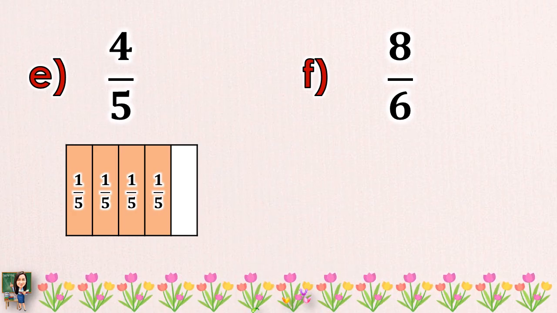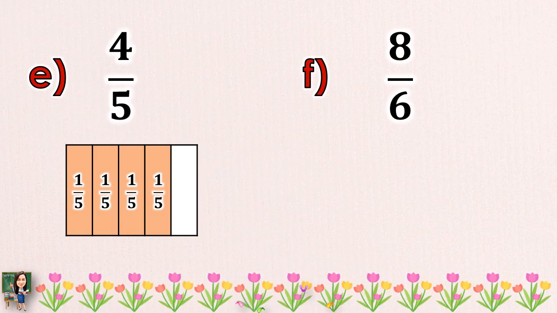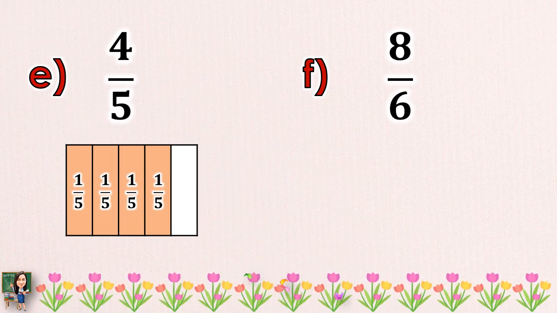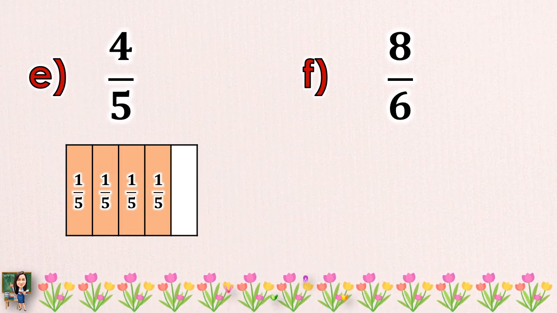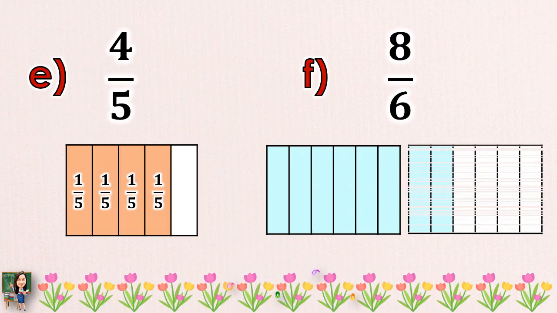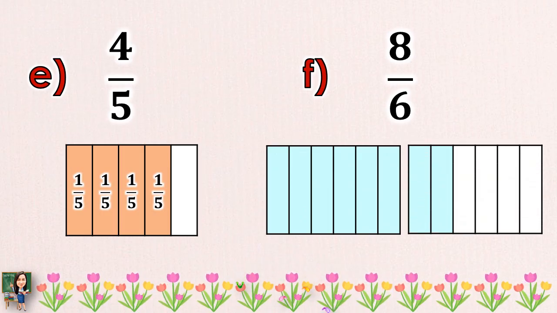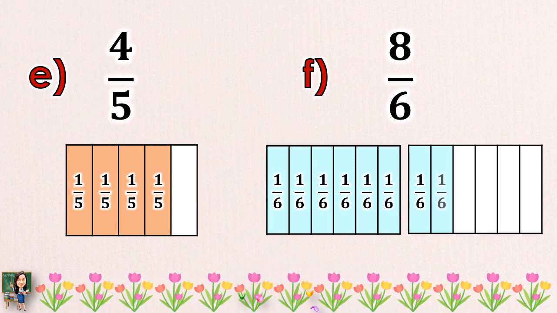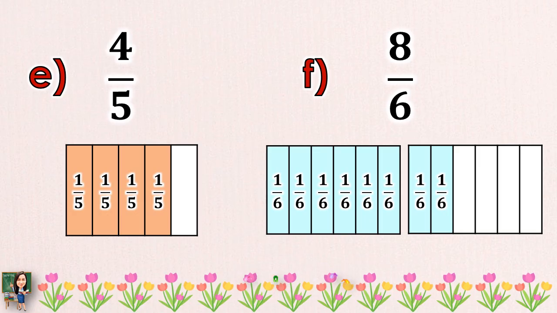That means the numerator is greater than the denominator. Because the numerator is greater than the denominator, draw 2 rectangles and each rectangle is divided into 6 to show the denominator. Then shade 8. 1, 2, 3, 4, 5, 6, 7, 8. 8/6.